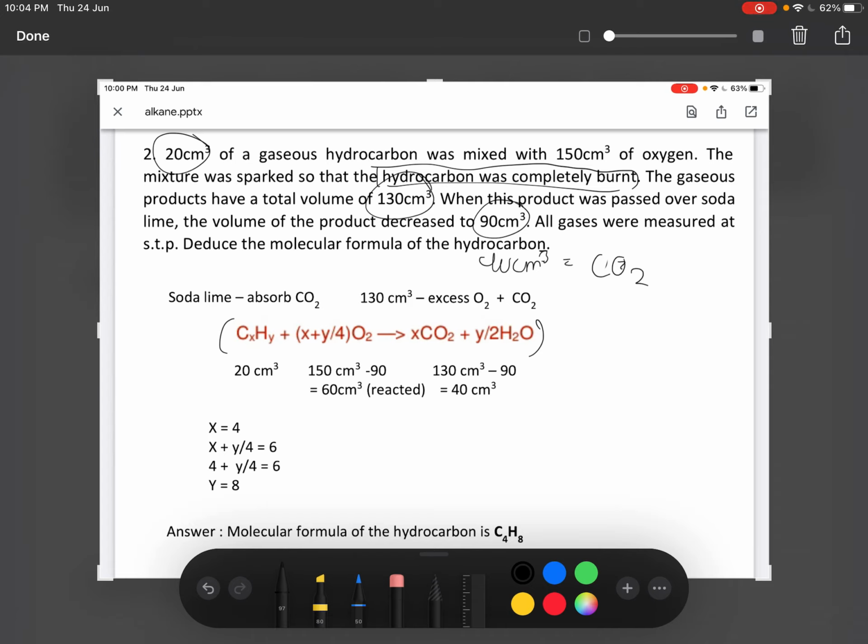Okay, back to this. Since soda lime absorbs carbon dioxide, and the volume decreased from 130 to 90, it means that 40 cm cube was absorbed. And since it only absorbs carbon dioxide, then all 40 cm cube is carbon dioxide. So we have 20 and we have 40.